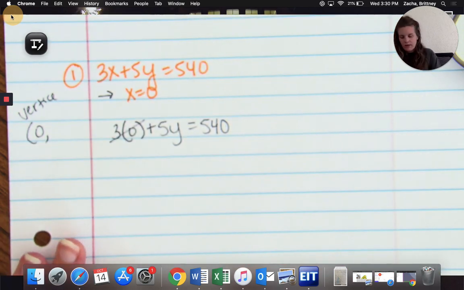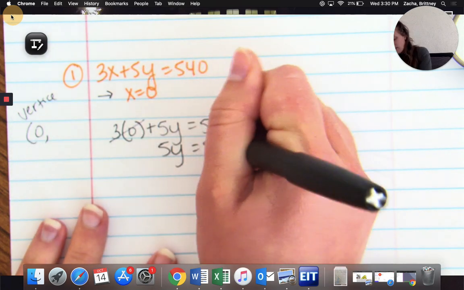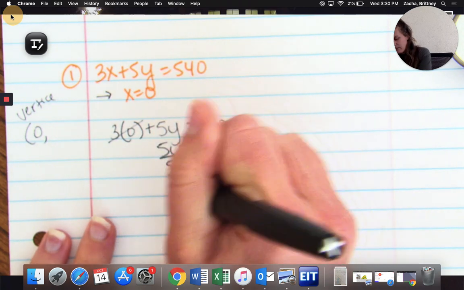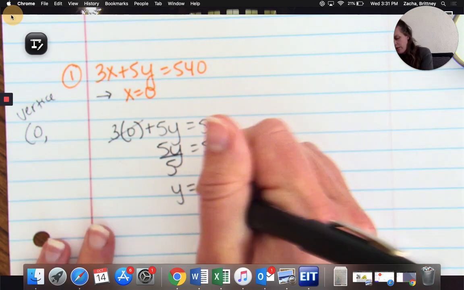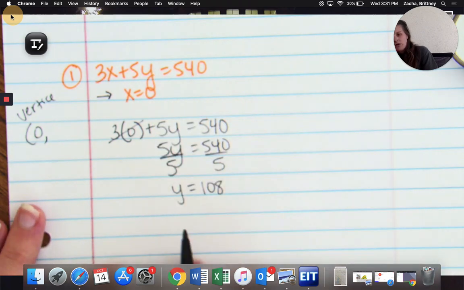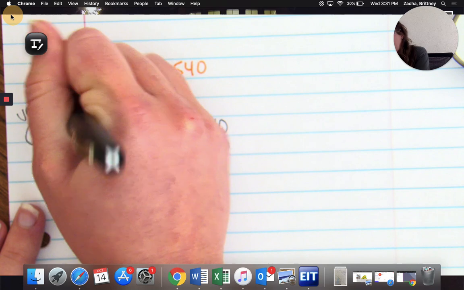So you're just left with 5y equals 540, and then to get y by itself, we'll divide by 5. Okay, so then you'll do 540 divided by 5 and get 108. So that's my y-coordinate of the intersection point. So my vertex there should be 0, 108.